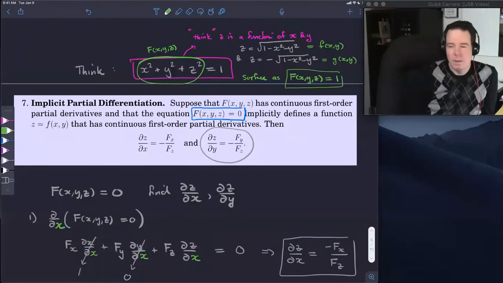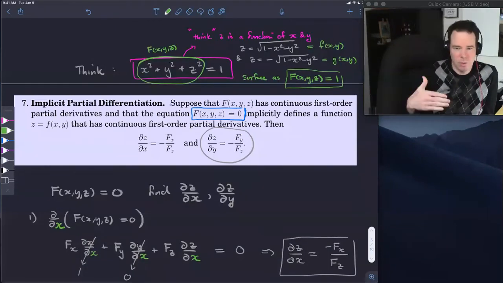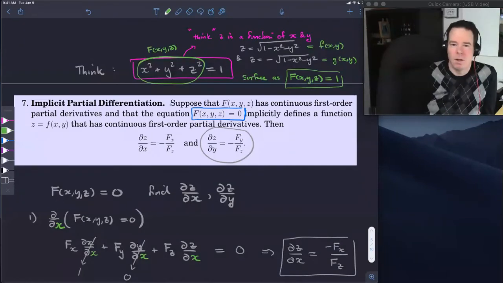But at the heart of it, we're thinking of this as a level surface. It's a function of 3 variables and 1 output, so this object in 4 dimensions where we're cutting out all the values of x, y, and z for which that function is 1. So we're cutting out a 3-dimensional object in a 4-dimensional space, which is the level surface.